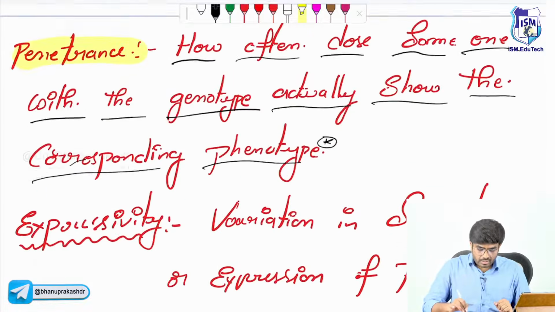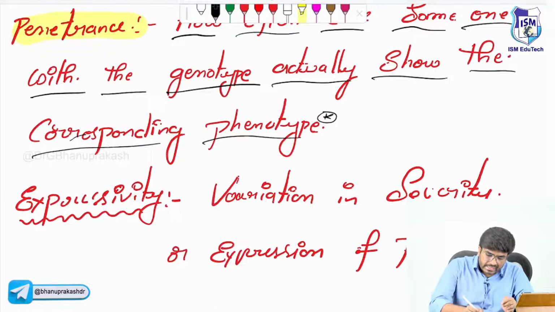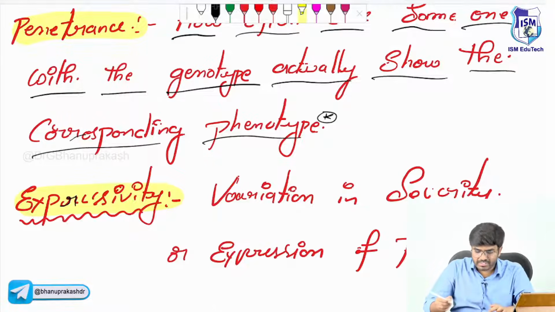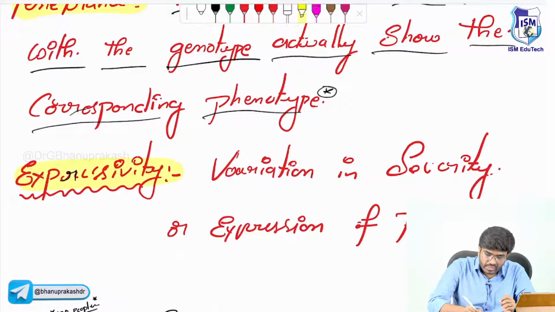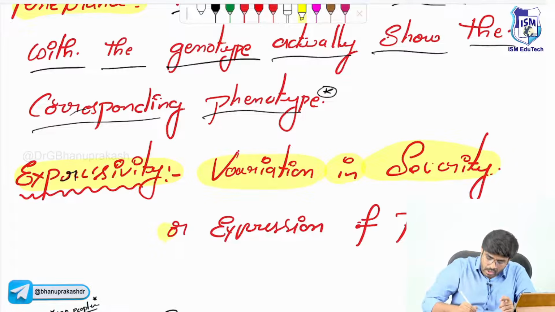Now after this, look at expressivity. So what exactly is expressivity? Expressivity means variation in severity. Variation in the severity of expression of a phenotype.